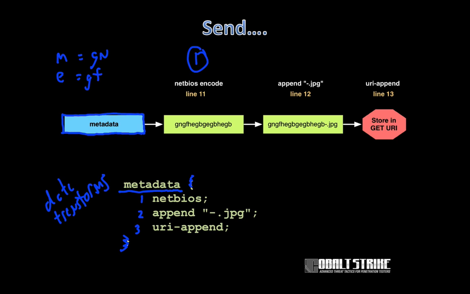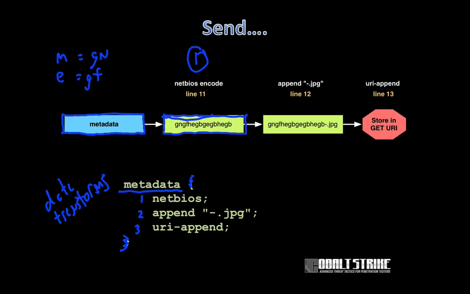So our metadata becomes this. This is what our metadata becomes when it has been NetBIOS encoded. If we wanted to, we could NetBIOS encode twice and make this thing twice as big if we really wanted to. And there are other kinds of encoding options too, such as base64 or URL-safe base64 and some other things as well.